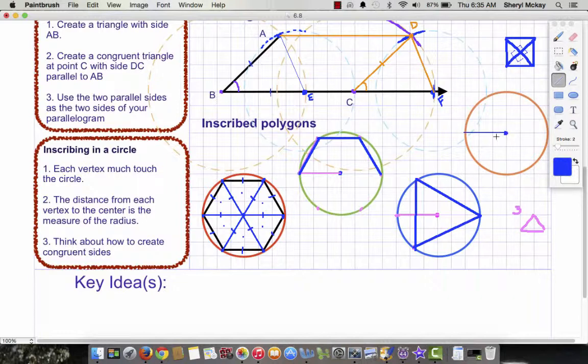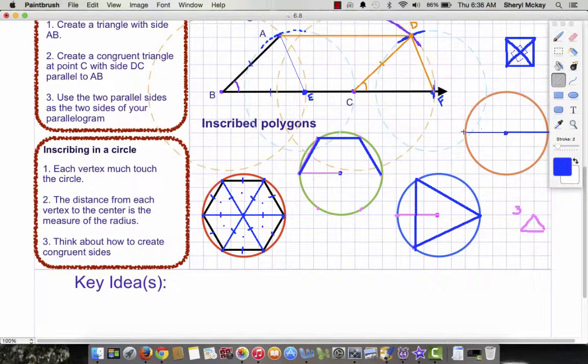Or actually, we don't even need to do that. We don't need to use our radius at all. Once we have our radius, we can take our straight edge and extend our line segment, so that now we have the diameter, all right? So we've drawn a line from one edge to the other edge, and it goes through the center.